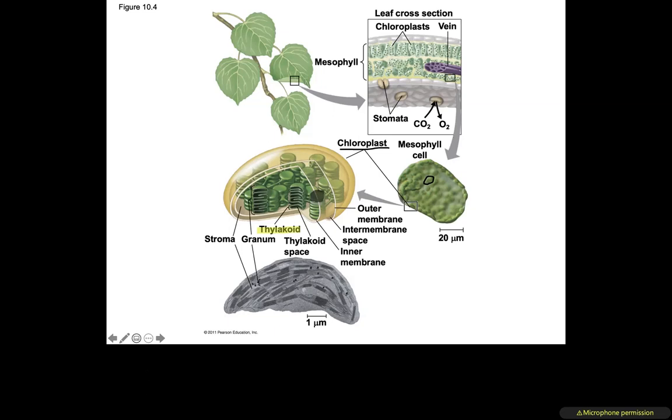Okay, so then the next piece is going to be the stroma. Remember I told you on the previous, the stroma with an R is the jelly in the room. So you can see the space in between all of the stacks, all of those granum or all those thylakoids.